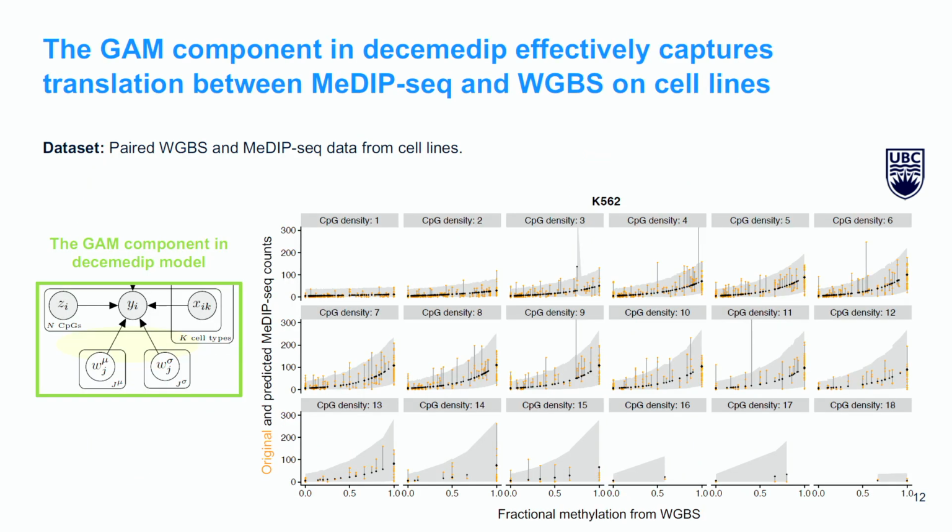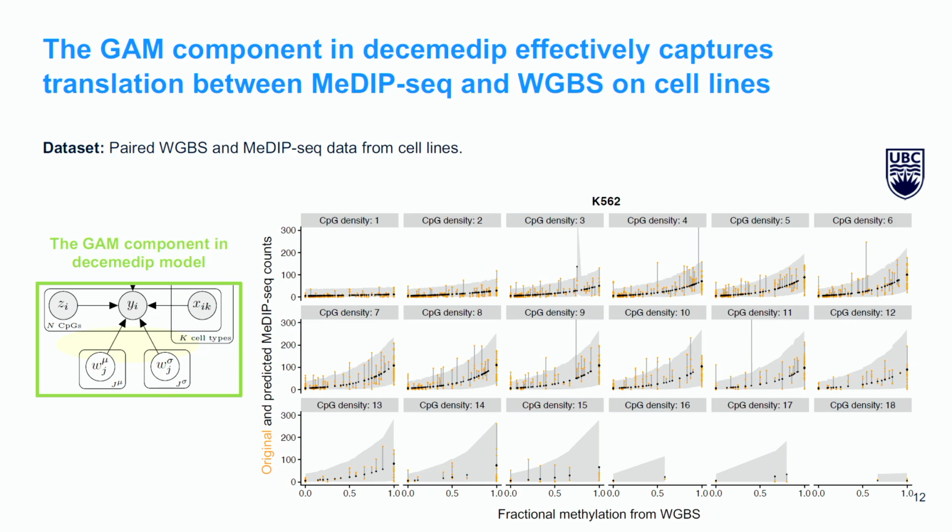In the results, we first validated the model selection of the GAM component, because you have a lot of choices to make in this GAM model. GAM is generalized additive modeling. We're using paired whole genome bisulfite sequencing and MeDIP-seq data from cell lines, which are considered to be stable across experimental conditions.